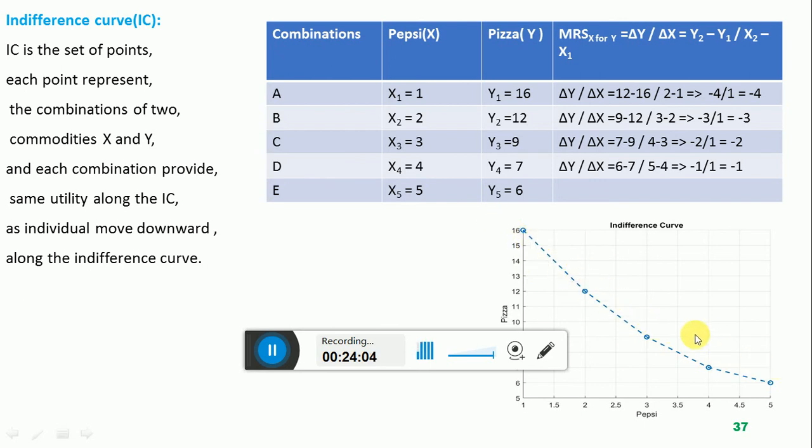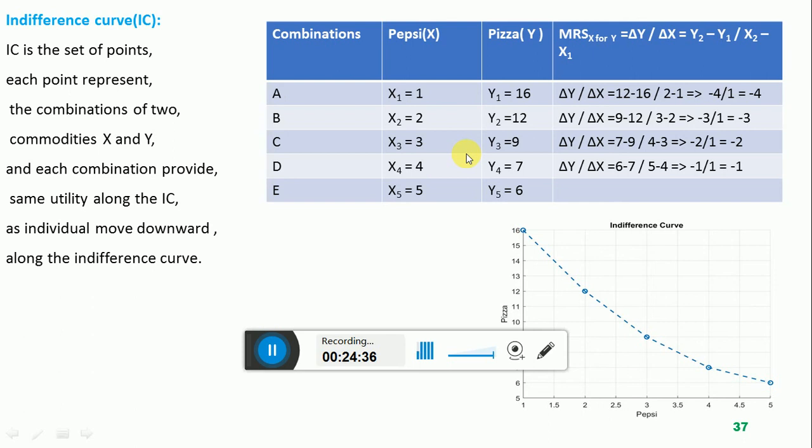It represents the taste, preference, and choice of the consumer: which combination the consumer likes to purchase, how much Pepsi and how much pizza. Each point, each combination, will provide the same utility. Along the curve, combinations A, B, C, D and E all provide the same utility.